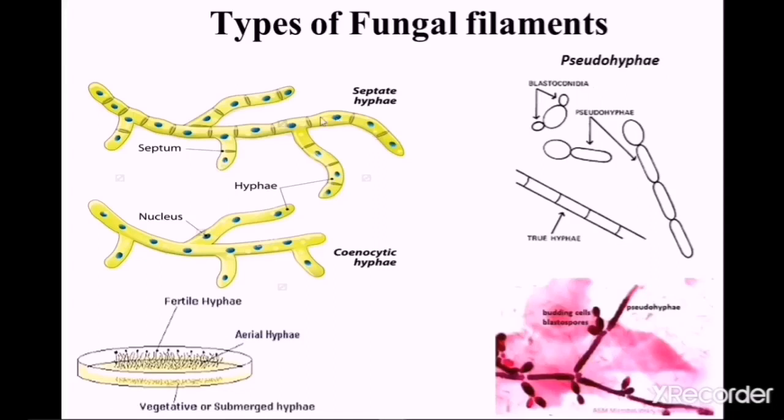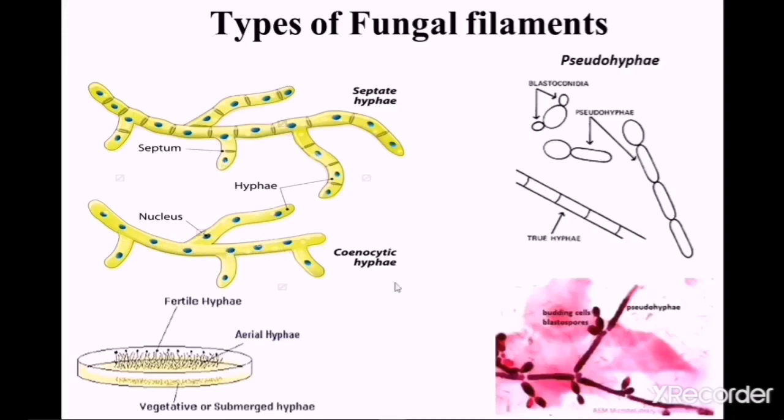So what is a septate hypha? These are hyphae containing septa or cross walls, as you can see in this picture, which divide them into uninuclear cell-like units. In case of aseptate hyphae, you can see that there are no cross walls, no septa, and they look like one long filamentous structure, and they are multinucleated.